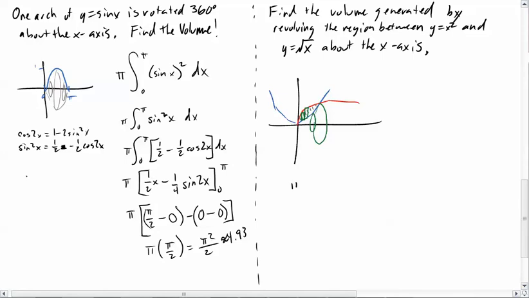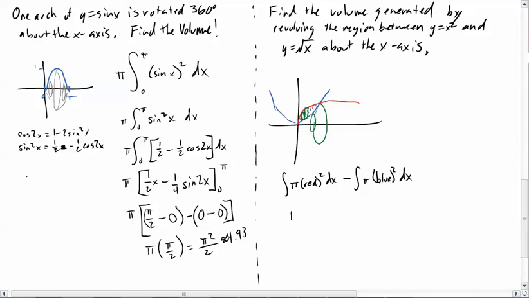It's the integral of pi times the red line squared dx minus the integral of pi times the blue line squared dx. Right? So I take that volume and subtract the volume inside, and that leaves me with the volume of the area that I want.